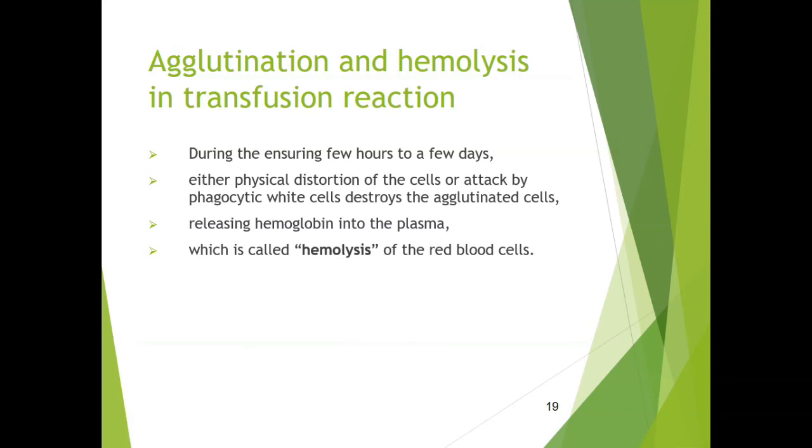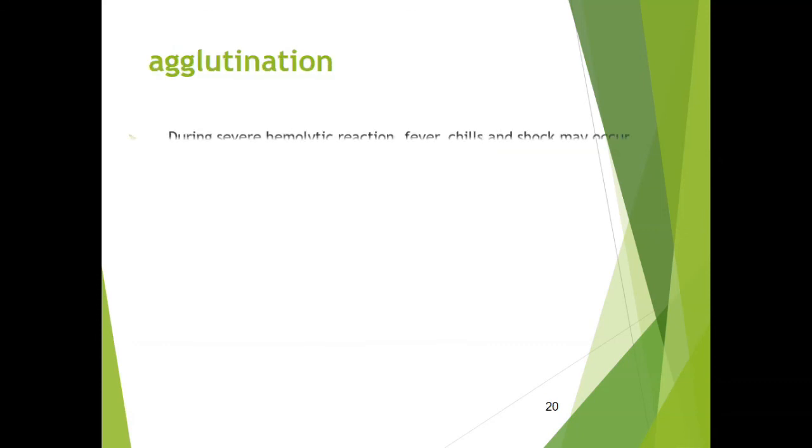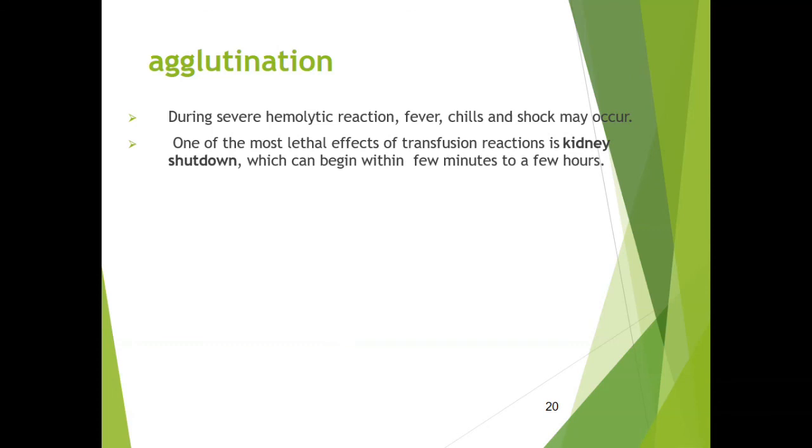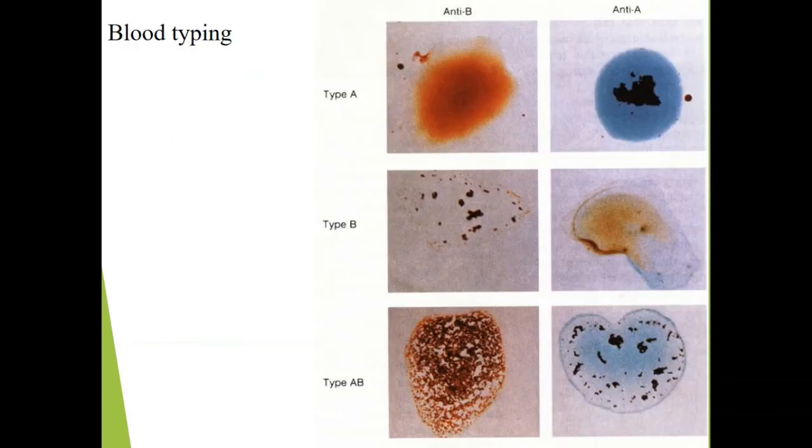Okay. Blood typing. How is blood typing performed in a laboratory? Let's discuss it in this picture. That is most important. For example, if type A blood is exposed to anti-B antibodies, it will not clump, so the blood would be liquid.